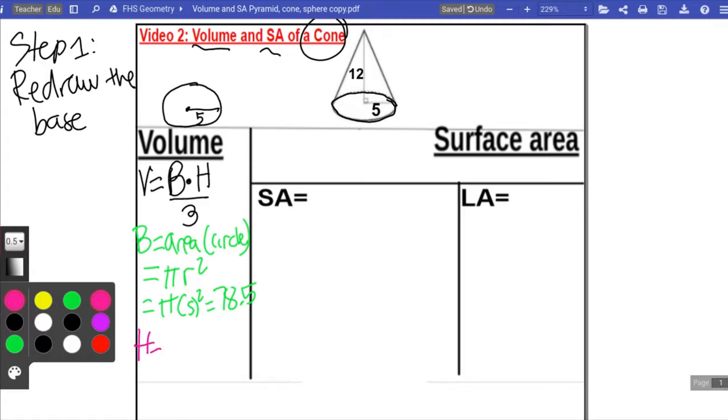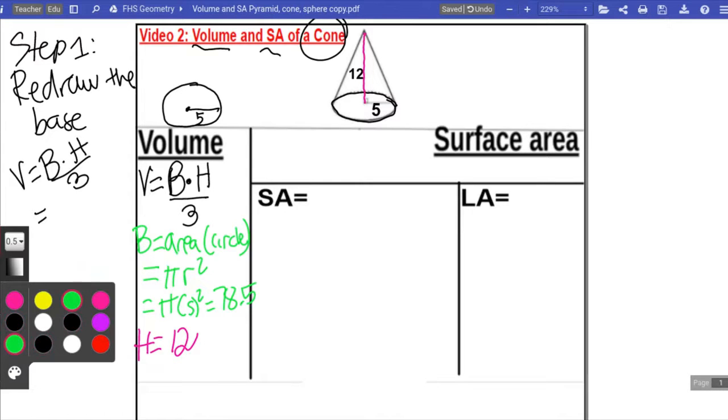Now let's do big H. No calculation is needed because it's the height of the cone. How tall is the cone? Boom, 12. Now let's do the formula. The formula says big B times the height divided by 3.